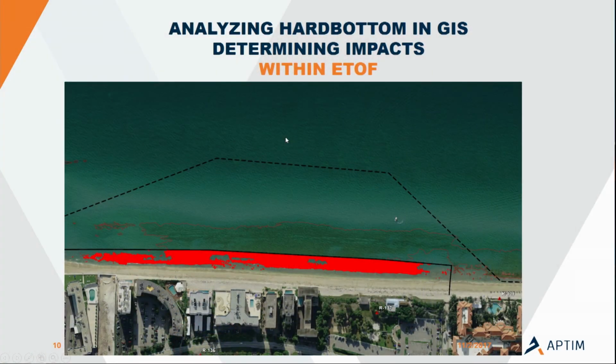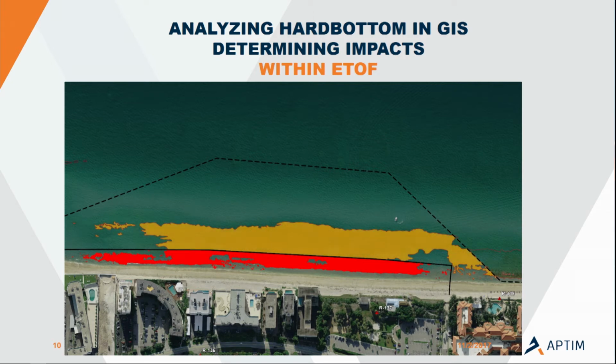So they'll give us an equilibrium toe of fill, and anything that is impacted within this area will be quantified as a secondary indirect impact and mitigated for. Again, split by a polyline and assign that acreage as that type of impact. Then those can be fed into the UMAM, and it can tell us how many acres we now have to build for artificial reef, and how much it is going to cost.